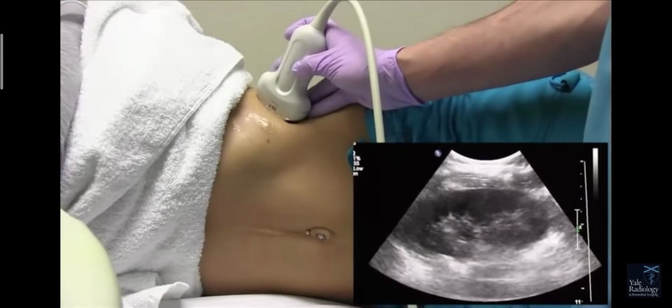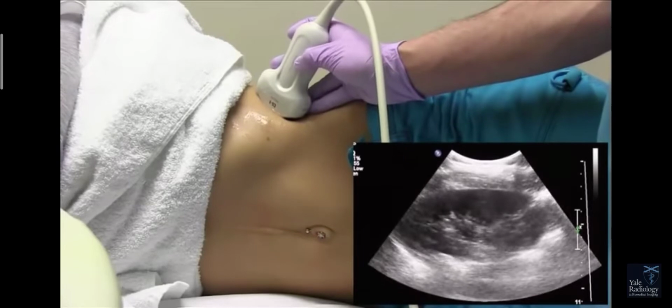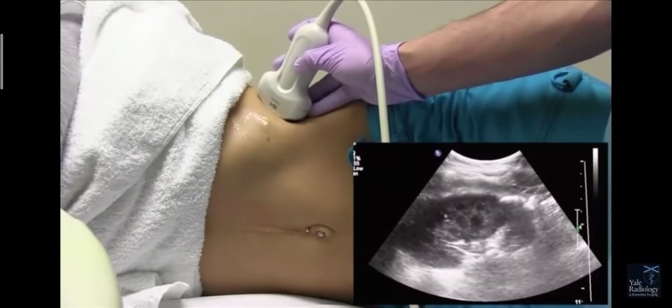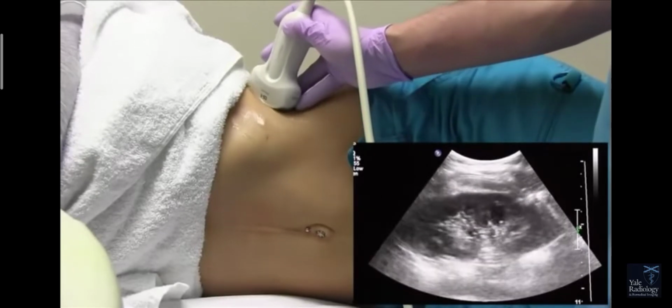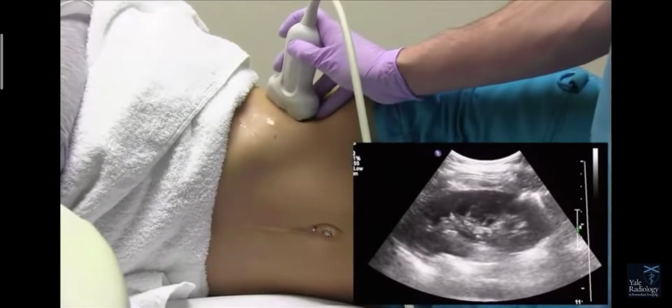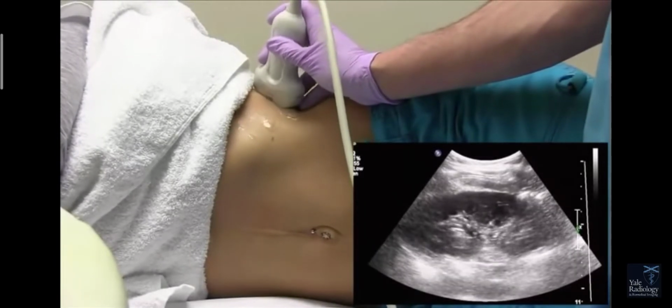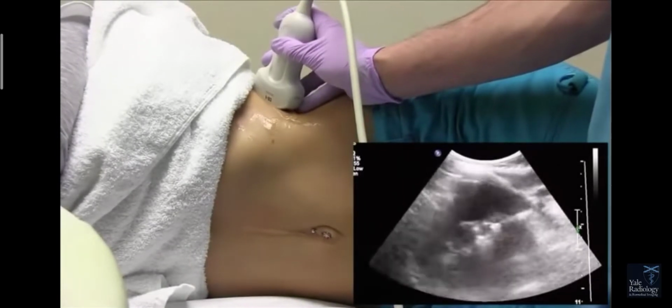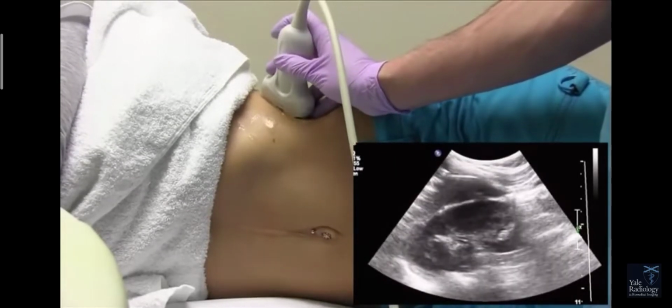The lower pole is going to be more anterior. So you're going to have this kind of oblique transducer position. And when you get the kidney, you probably will also see the spleen in this window as well. And you just want to make sure again that you're sweeping through the kidney in its entirety, lateral to medial.